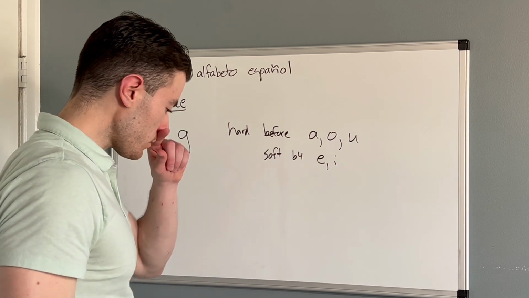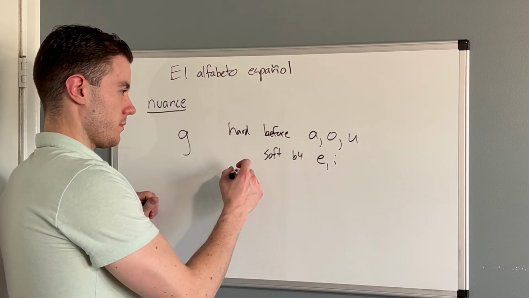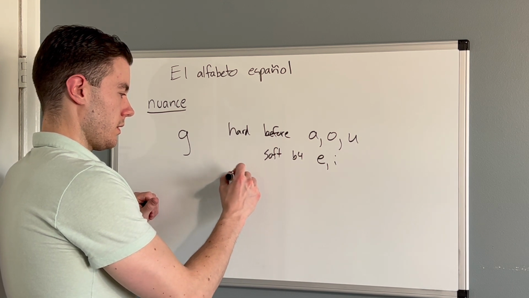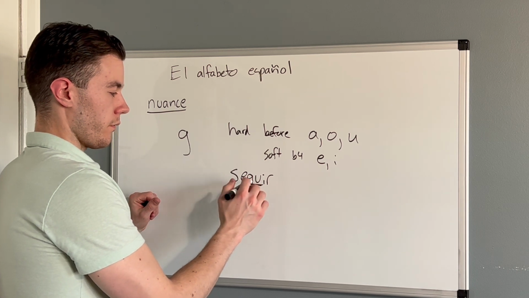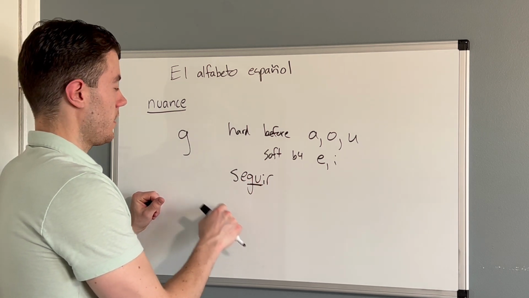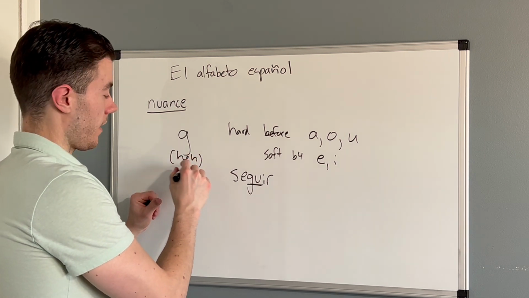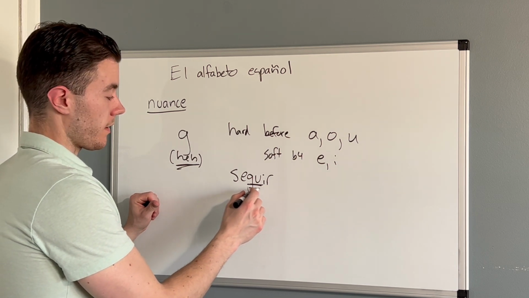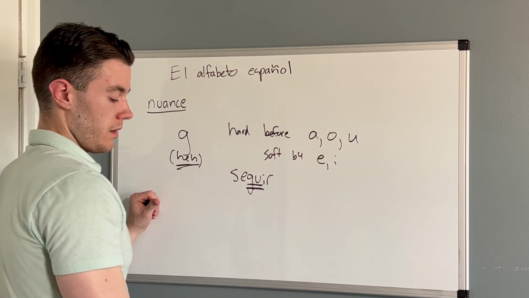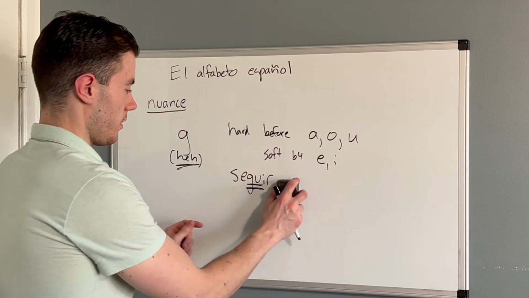An example would be the verb seguir. It's before a U, G, seguir. Remember, this is pronounced like an H, not a G. But the sound that it makes is G, seguir. That's in front of U, so it's hard.